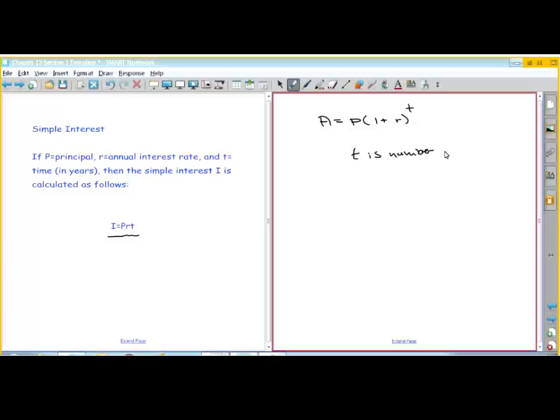This is if it was done annually. And r is the interest rate, and p is the principal, which is the original amount you put in.